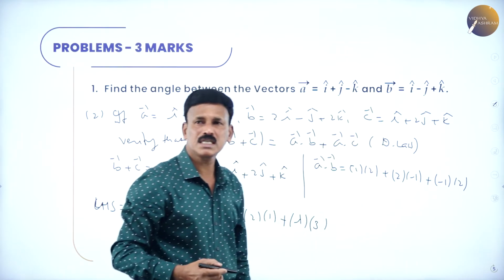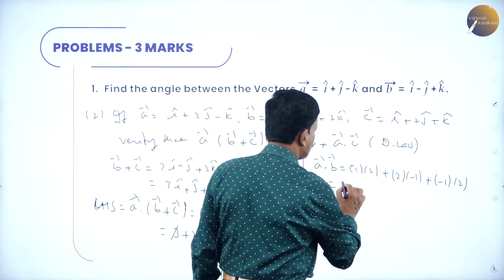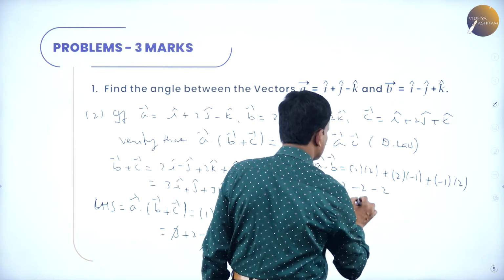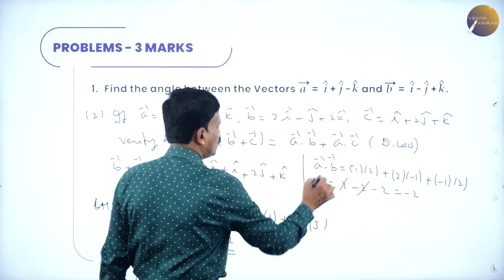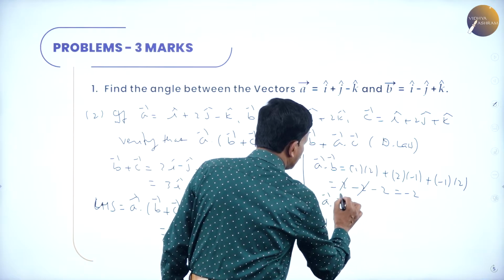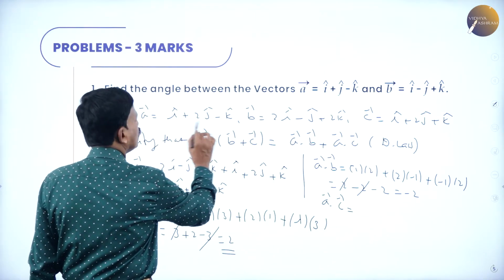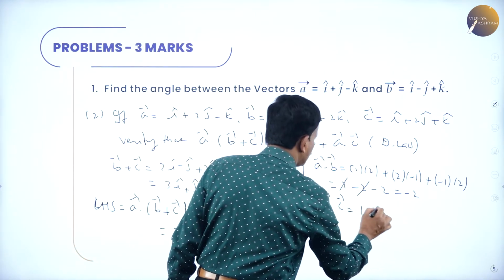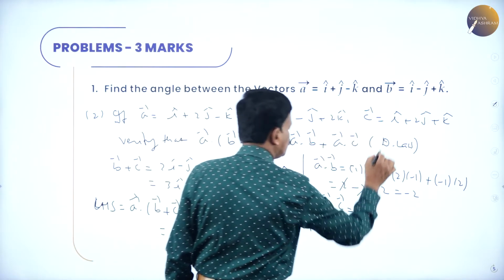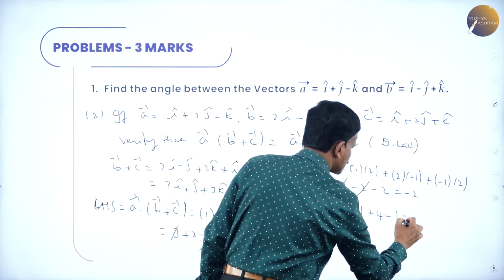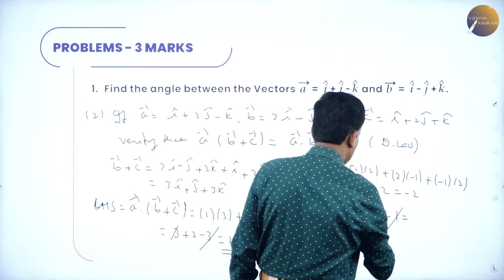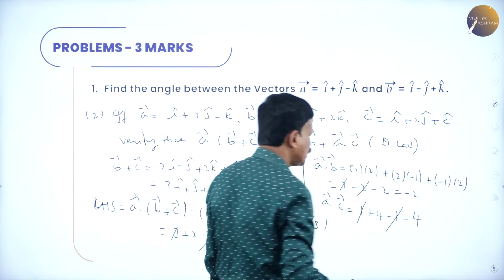This can also be written as 1 into 2 is 2, minus 2, minus 2. Minus 2 minus 2 gets cancelled, you will get minus 2. Similarly, find out A dot C. 1 into 1 is 1. Again, 2 into 2 is 4. Again, minus 1 into 1 is minus 1. So minus 1 plus 1 gets cancelled. You are going to get 4.